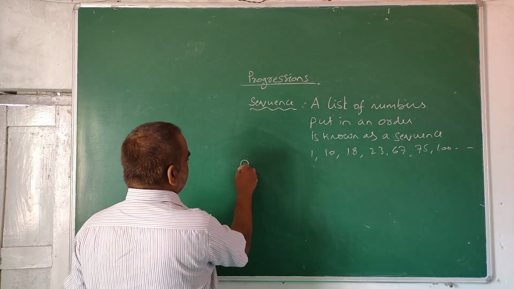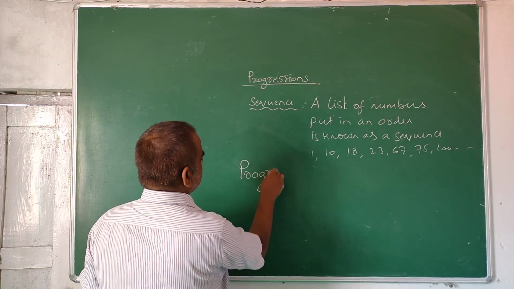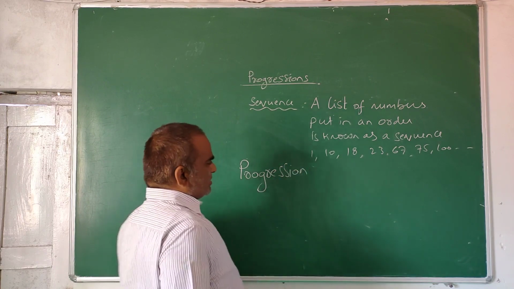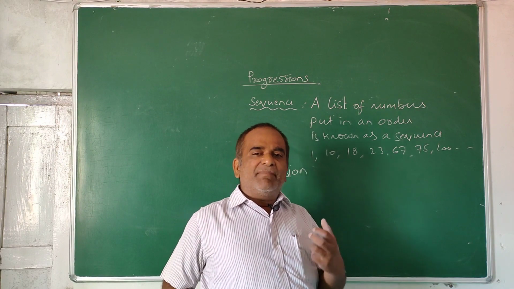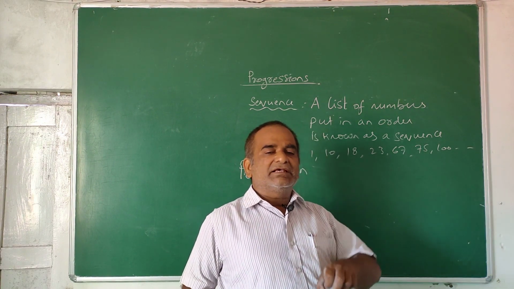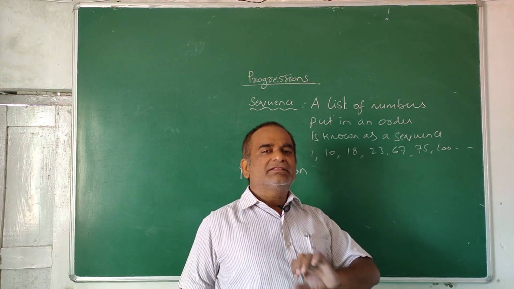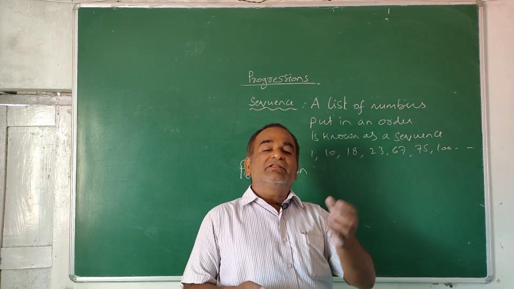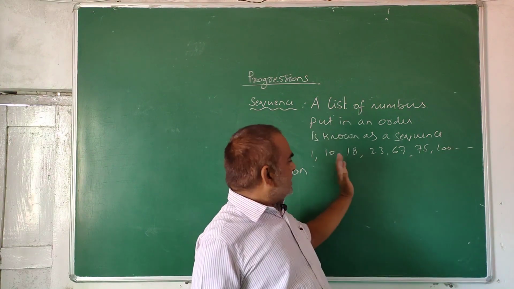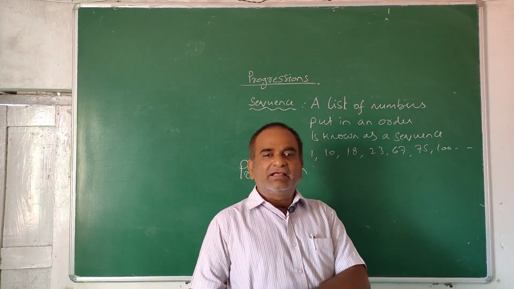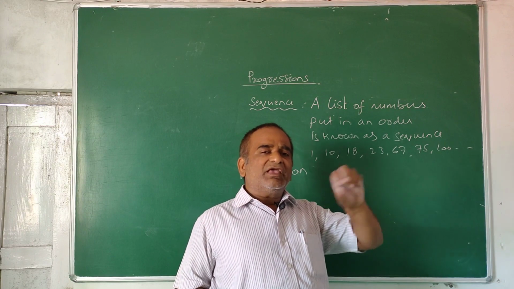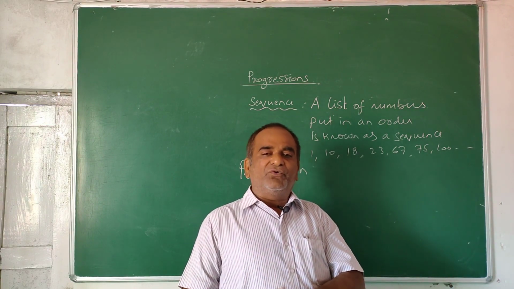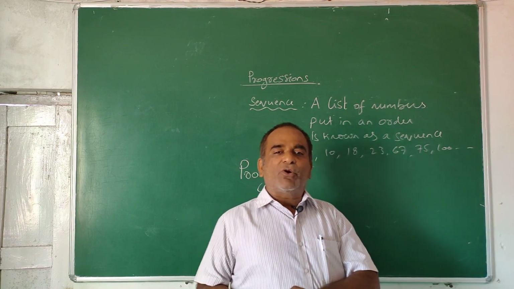Now, progression. A sequence of numbers in which each term is generated by a specific rule is known as progression. Here there is no rule for these numbers, but if the terms are generated by a specific rule, then that sequence is called progression.